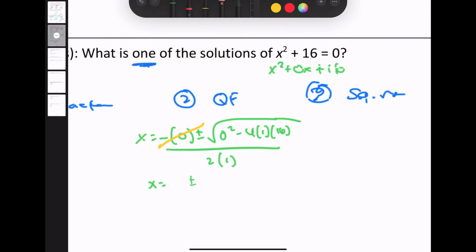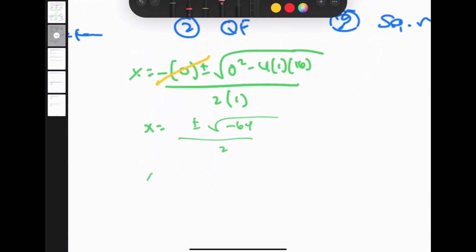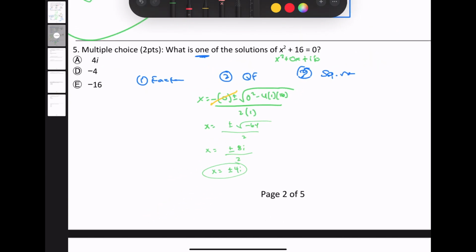So now I have plus or minus the square root of 0 minus 64, so negative 64 over 2. That'll reduce to 8i over 2. So x equals plus or minus 4i. And that would only be choice A.